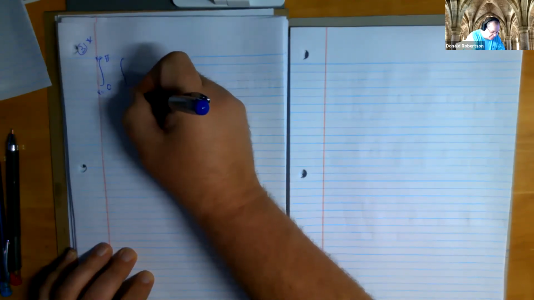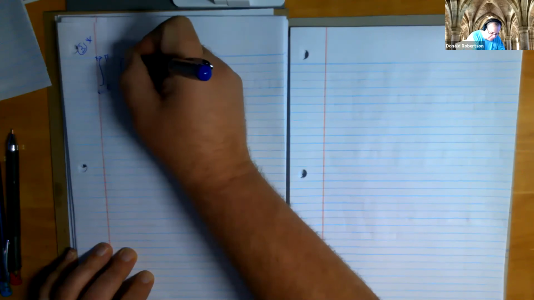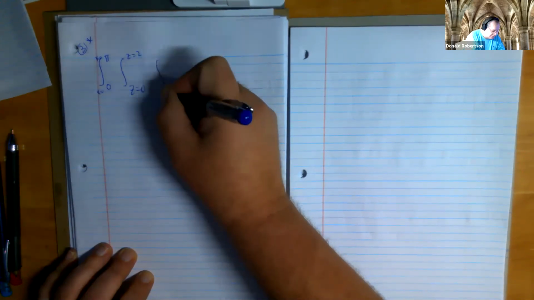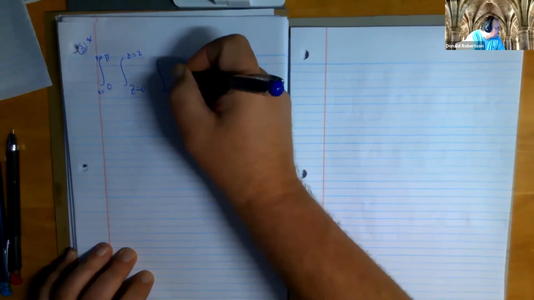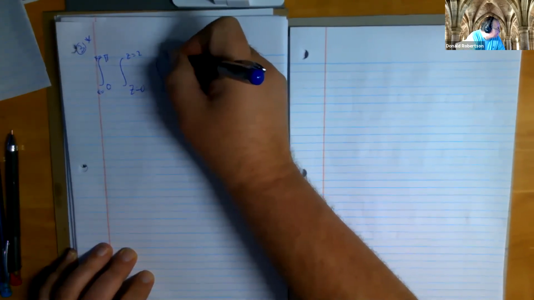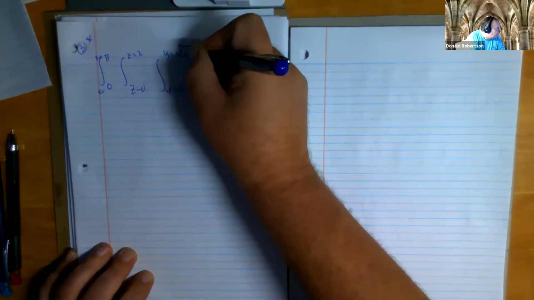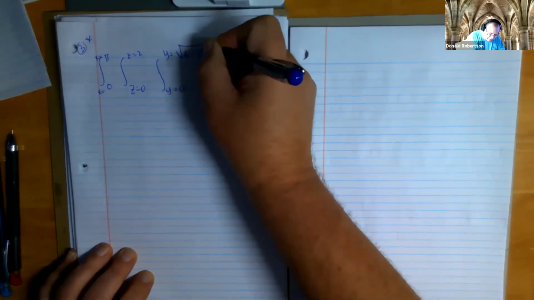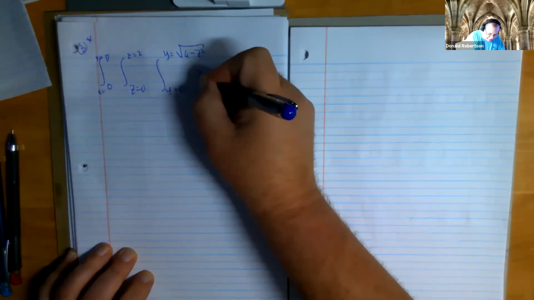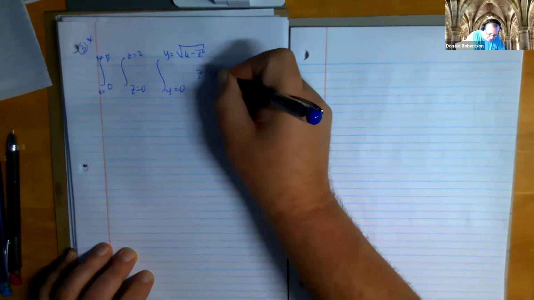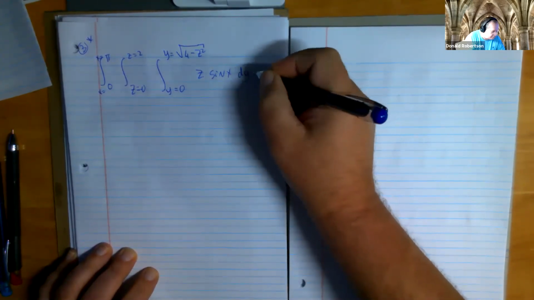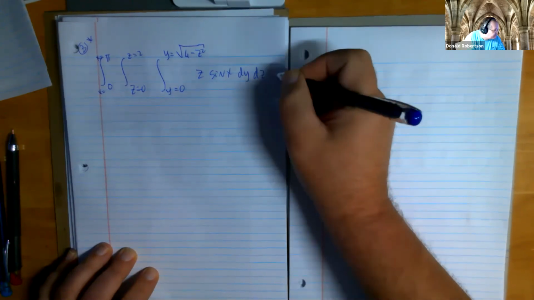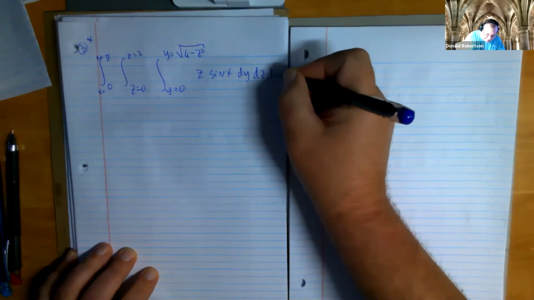Oh yeah, I remember why I wanted to do this now. z is 0 to 2, and y is 0 to the square root of 4 take away z squared, and the function is z sine x dy dz dx.